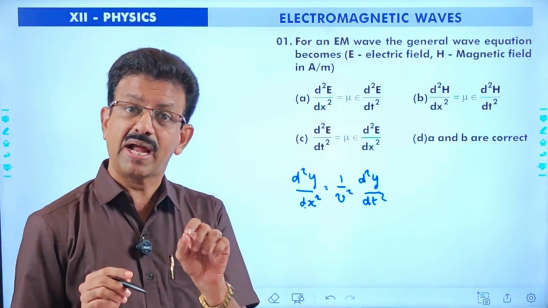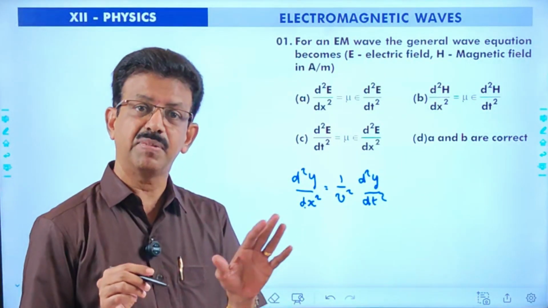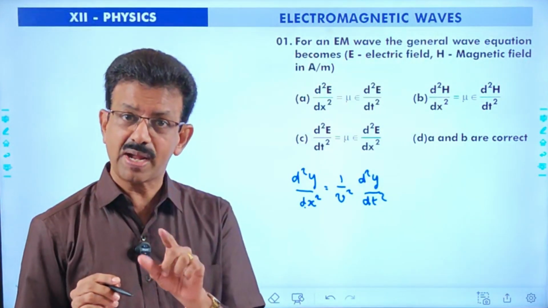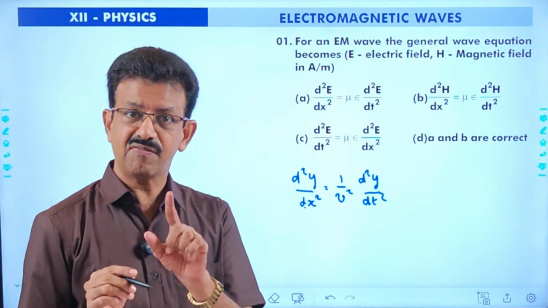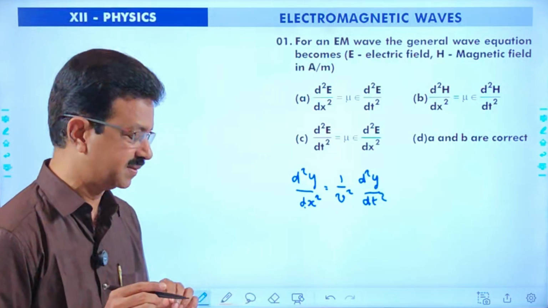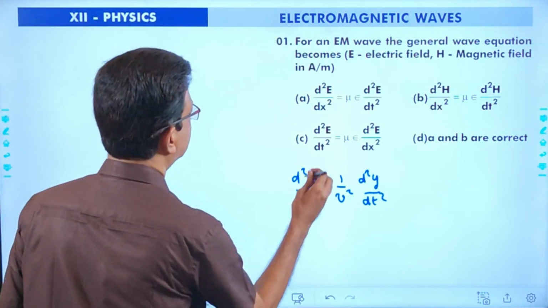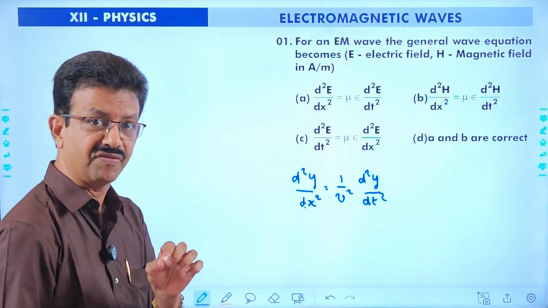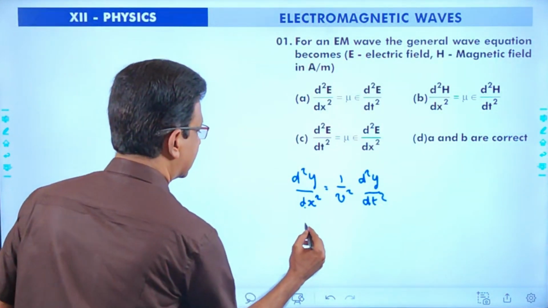Then electromagnetic wave is also an example for a progressive wave. Therefore, for an electromagnetic wave, the general wave equation becomes d square E by, instead of y, either electric field or magnetic field becomes the variable.